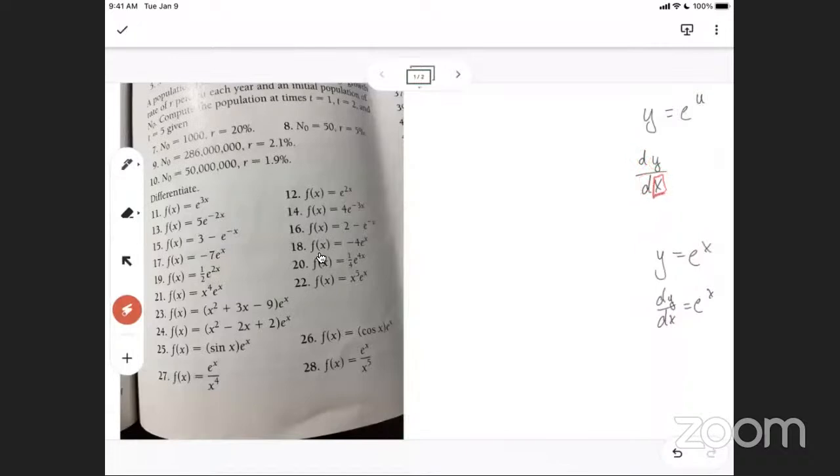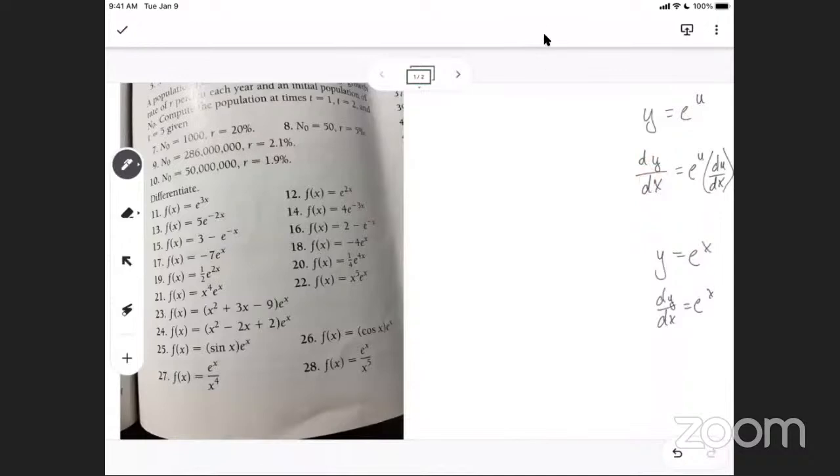So the derivative of y with respect to x is going to be equal to e to the u. Notice I'm bringing this entire thing back, and then I'm going to multiply that by the derivative of u with respect to x. That's the way you do it.